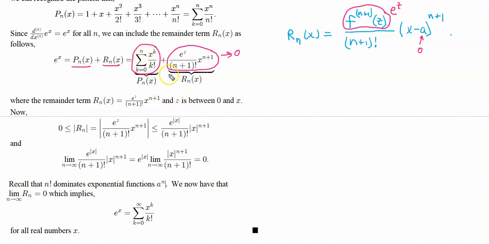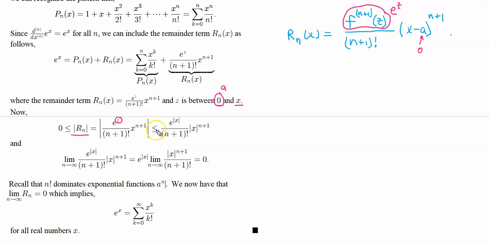Okay, well, if we consider that Rn now, right here we're considering the absolute value of our remainder term. So we just take the absolute value of it. Now notice that the z right here is supposed to be between 0 and x, because this is our a that we expanded our Taylor series about.